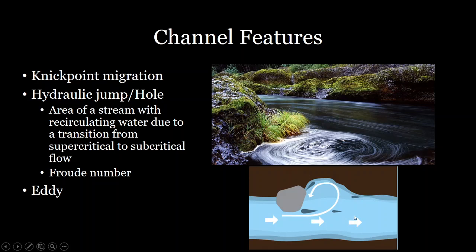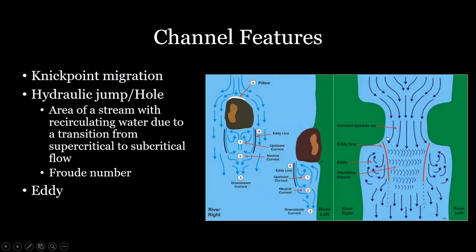As it does, part of this flow comes in and will recirculate back and form this vortex type of flow here. You can see this water coming in, getting diverted into this widened area and circulating around. And this can form whenever you have a rock that's in the way or a widening stream.